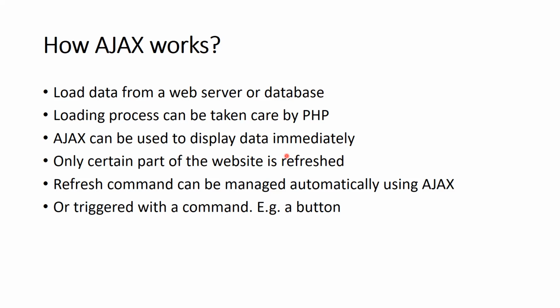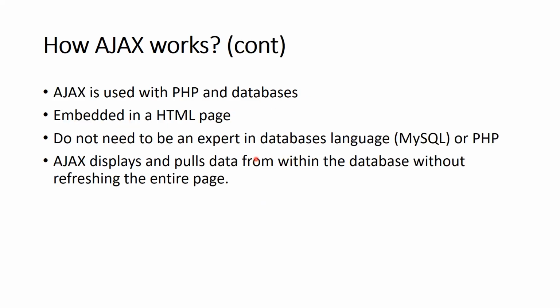Moreover, the refreshing of a certain part of a website can be managed automatically, or it can be managed by a button. Just to sum up this slide, right at the very bottom with the button portion, generally when you have a button, this is the place where you're trying to pull out something from the database or the web server.